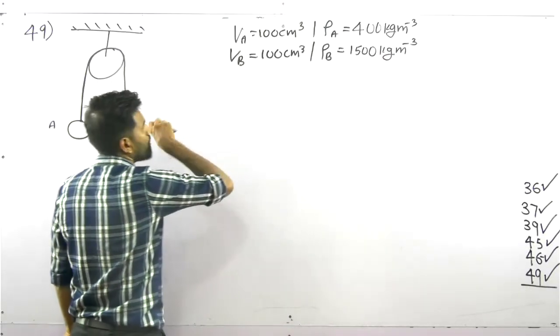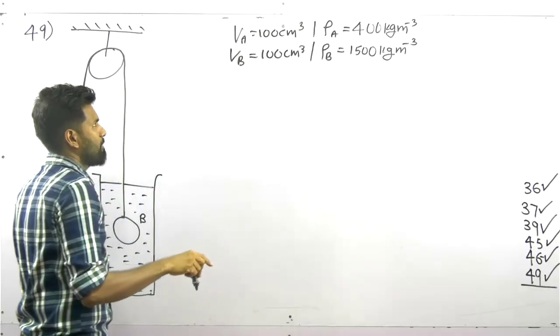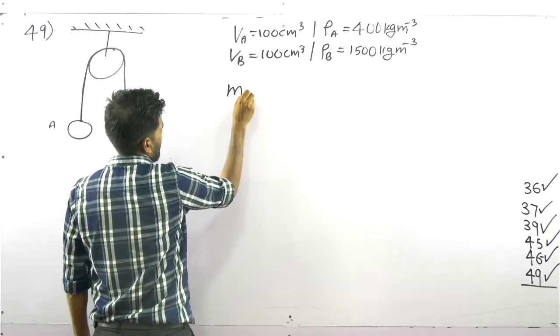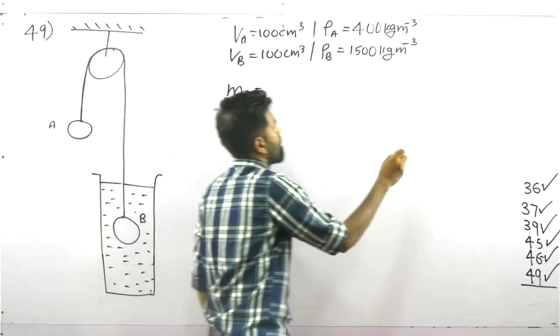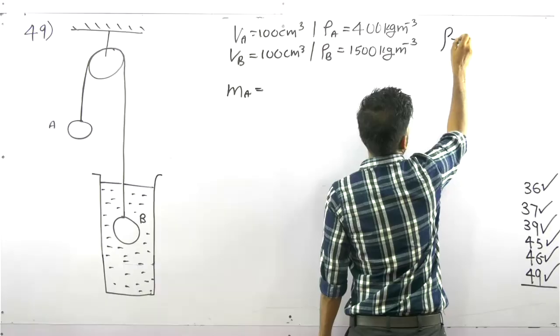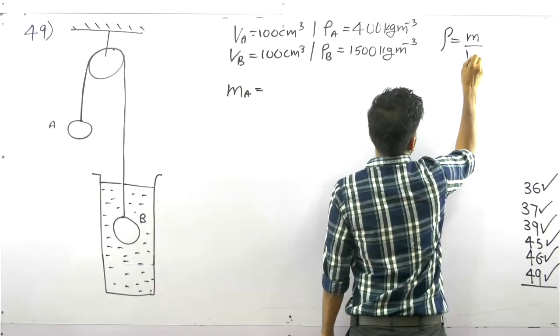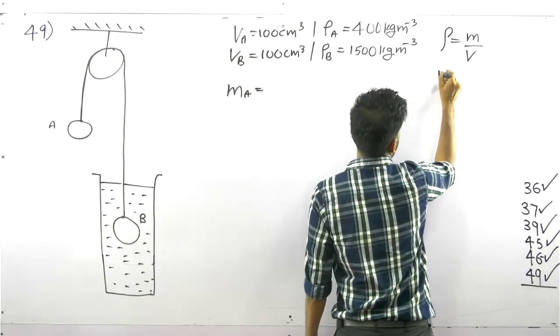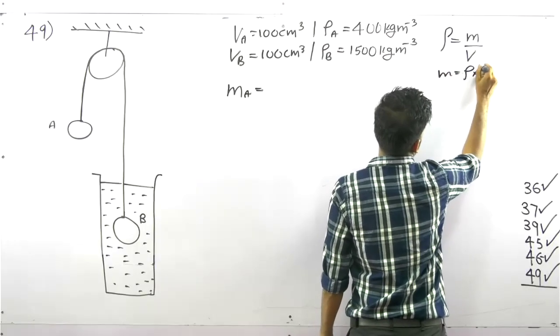Okay. Mass of the first object, A. Density is equal to mass over volume. So the mass is equal to density times volume.